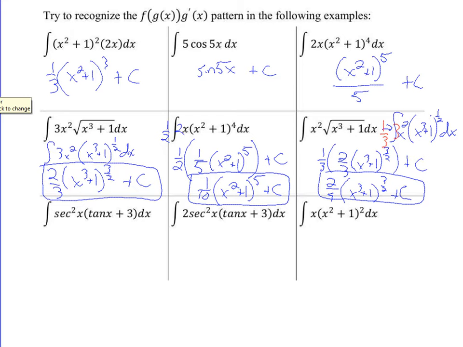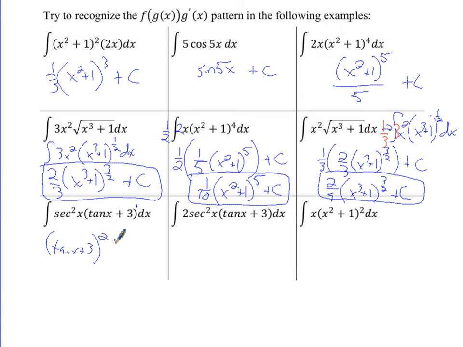So we had to do the chain rule in order to get this look to it. Which means that this is the function inside. The exponent here is 1. My exponent is going to increase to 2. So it started off as tangent x plus 3 squared.